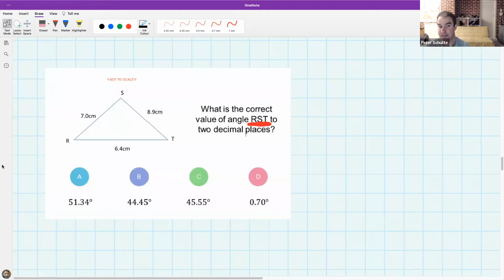Now, notice how there's a couple of decimals floating around. So that does make it a bit more interesting. How would we work this one out?